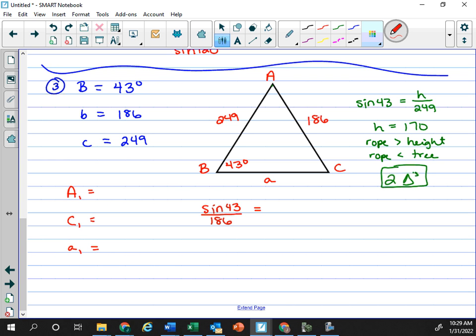We don't want to do that one. Yep, sine of C over 249. So this is going to give us that 249 sine of 43 over 186 equals sine of C.